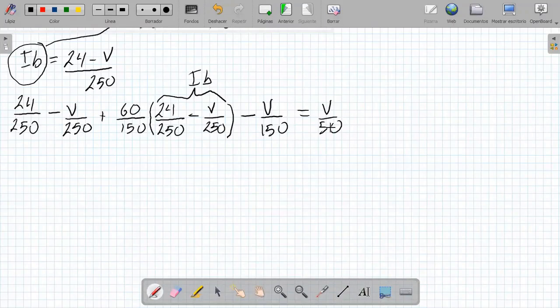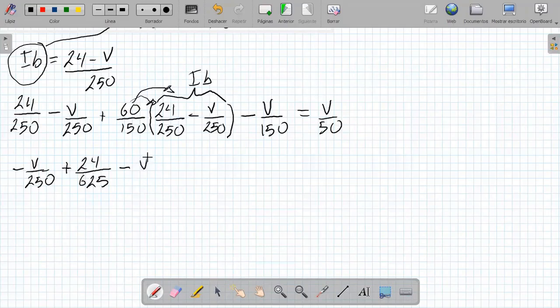Now, I'm going to leave aside everything that has the variable, and on the other side, everything that is constant. So I'm going to put minus V over 250. And now, if I multiply 60 by 24 over 250, it will give me 24 over 625, and this with that is going to give me minus V over 625.